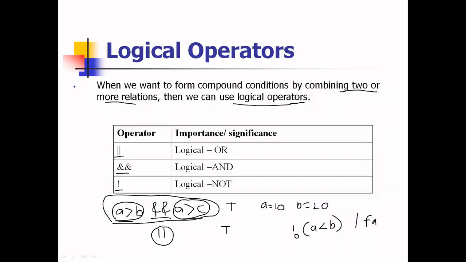It returns the value false because the NOT operator simply reverses the result. So here A is less than B. If you look at this particular statement, it is true because A is 10 and B is 20, so A is less than B. But as we have used NOT outside that particular expression, it reverses it, and the result of this complete expression is false.